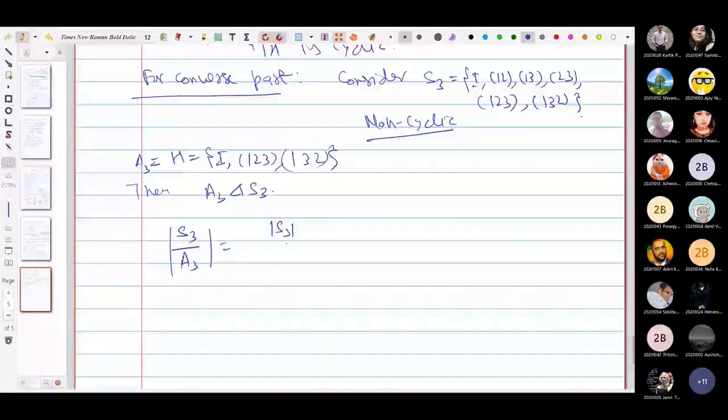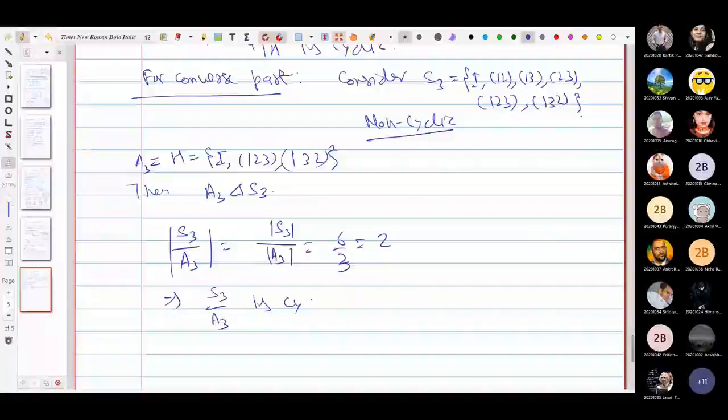Okay. So this would imply that S3 by A3 is cyclic. Actually, there is a result. I don't remember whether I told you or not.